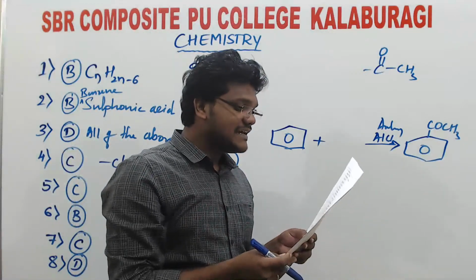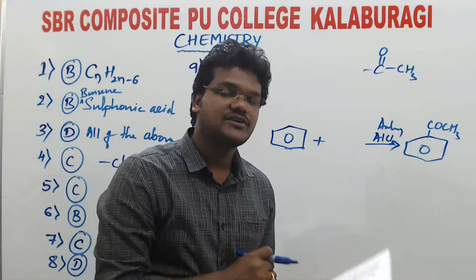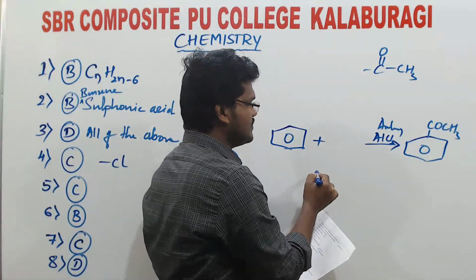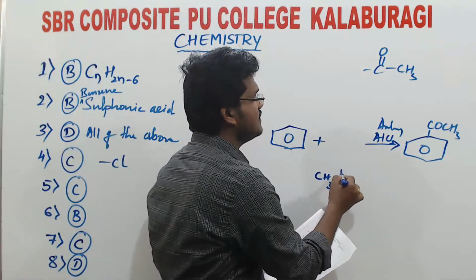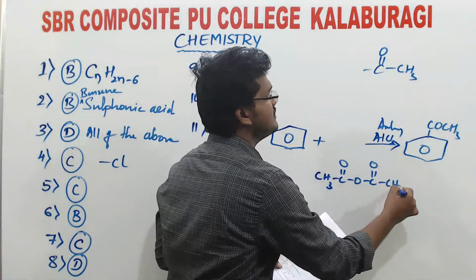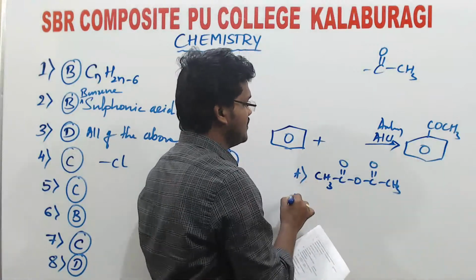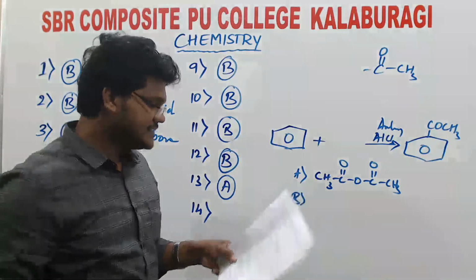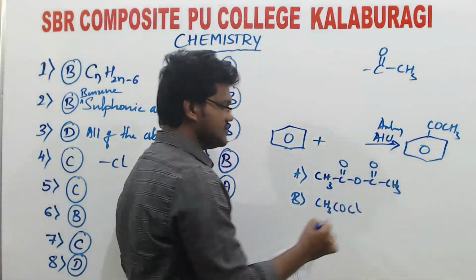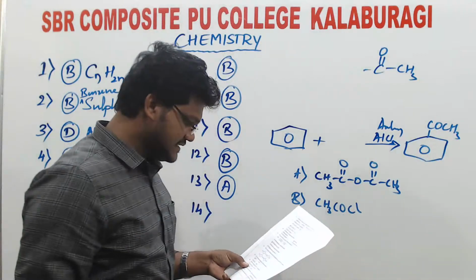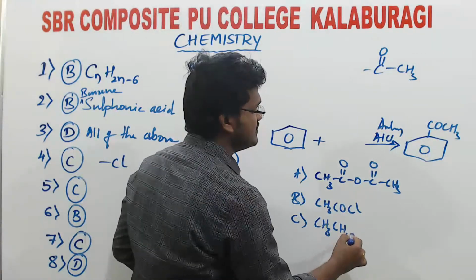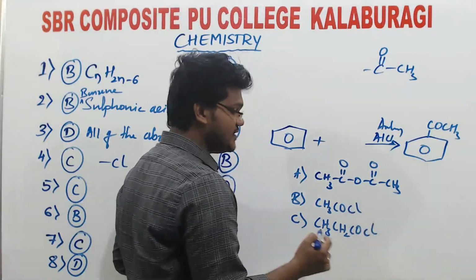Option number A is acetic anhydride, CH3COOCOCH3. Option number B is CH3COCl. Option C is CH3CH2COCl.